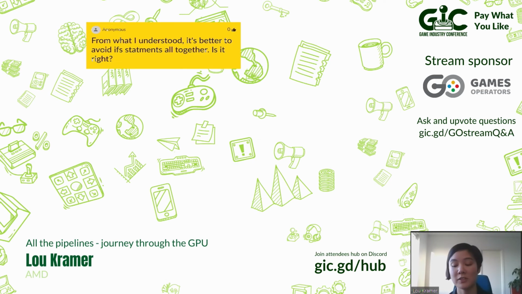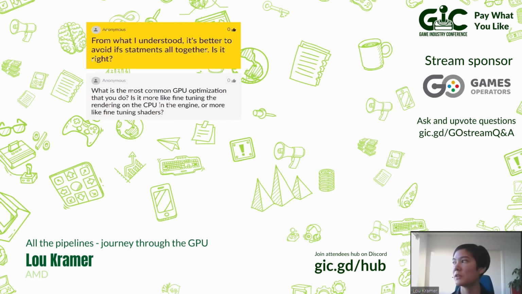Another thing I can mention here is that it also makes sense, for example if you have a problem to compute, for example with a compute shader, to distribute the work across a lot of threads.